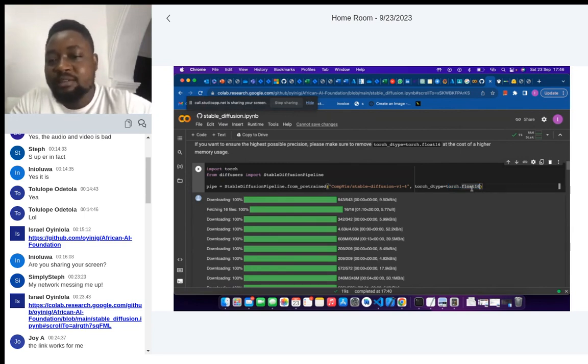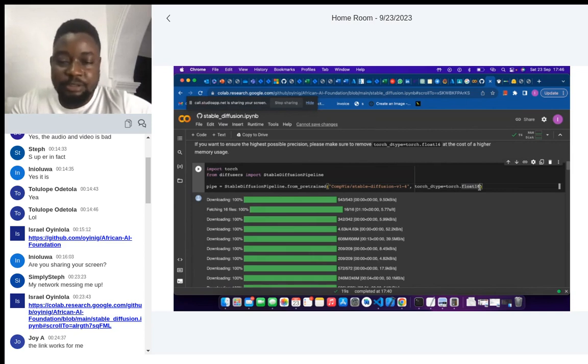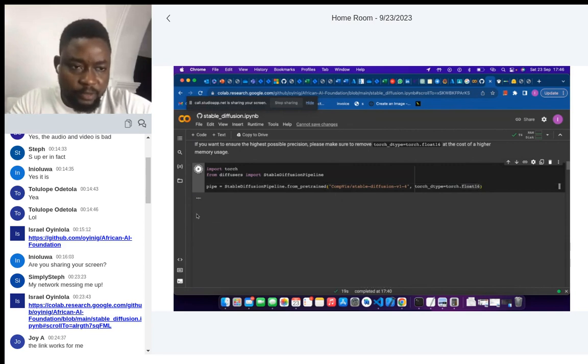So now we passed float16 here. We're saying that, for the sake of generating the image quickly, reduce the accuracy. Maybe the picture quality will be a little poorer than with float32, right? That's what this is simply doing, sacrificing quality for speed essentially. So let's run this.